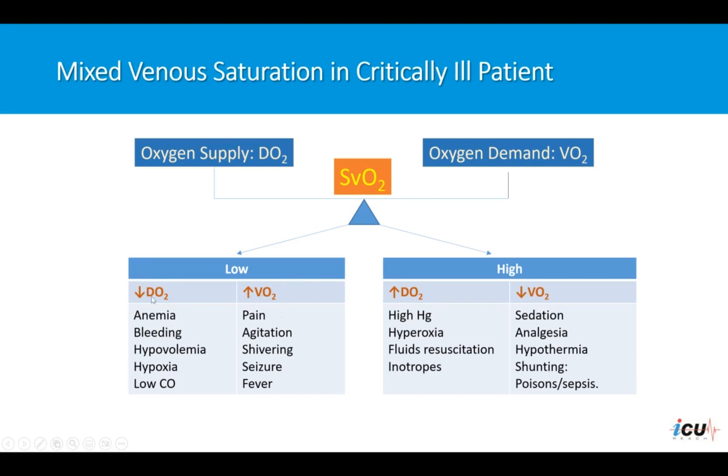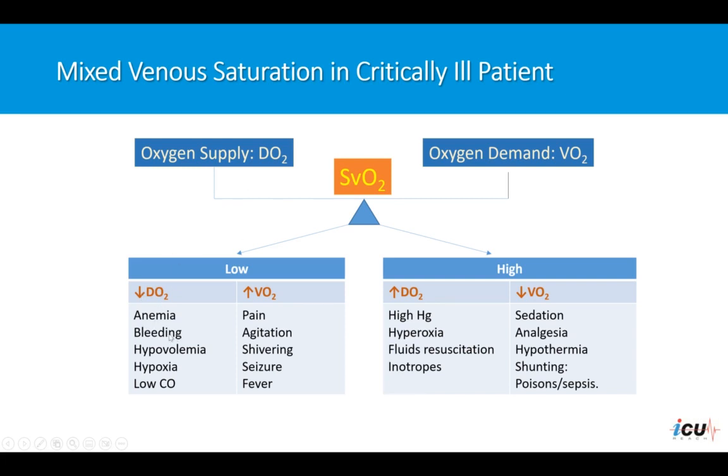So the oxygen delivery can be decreased in any of the conditions that would affect the determinants of oxygen delivery, mainly the cardiac output, the hemoglobin, and the saturation. So you can see here if the hemoglobin is low, severe anemia can decrease oxygen delivery, and then mixed venous O2 saturation.